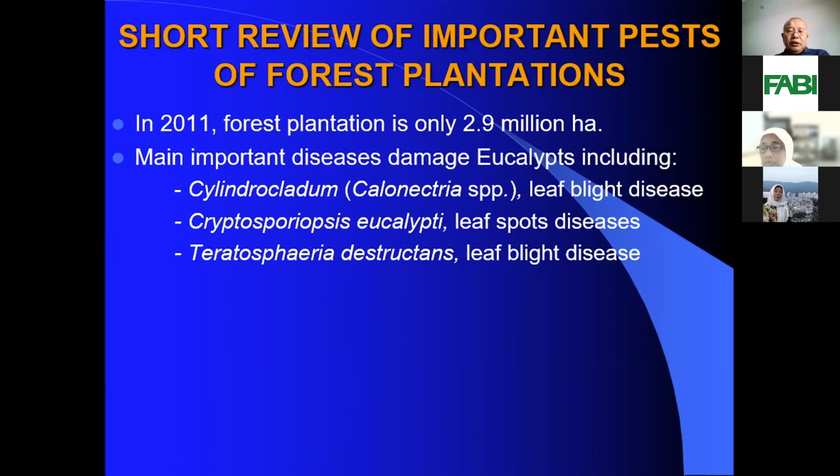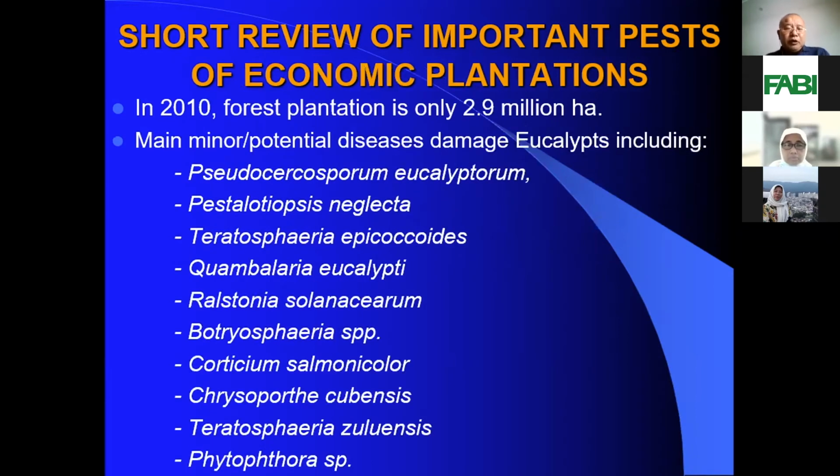These are the three main pathogens causing serious problems for eucalyptus in Vietnam. Some potential ones are Pseudocercospora, Pestalotiopsis, Teratosphaeria epicoccoides, Quambalaria eucalypti, Ralstonia solanacearum, Sphaeria, Corticium salmonicolor, Chrysoporthe cubensis, Teratosphaeria zuluensis, and Phytophthora sp, which are minor or potential diseases of eucalypt.